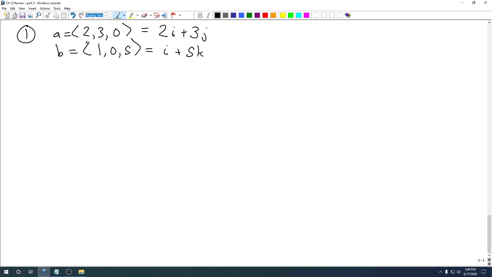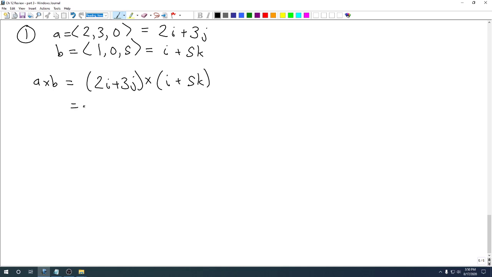So if we take the cross product of A and B, then we're taking the cross product of 2i plus 3j with i plus 5k. We can go ahead and distribute, basically FOIL this out the way we normally would. So you have 2i times i, 2i times 5k, 3j times i, 3j times 5k.